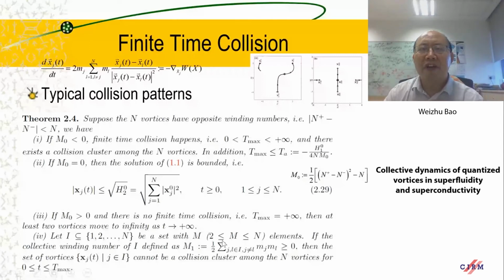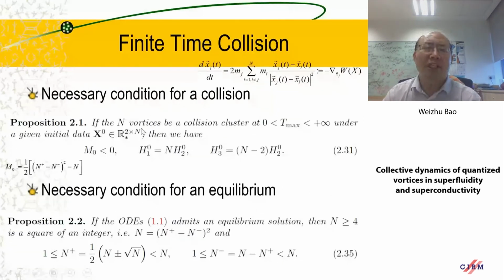That means for n vertices, if they form a collision cluster, then there has to be m0 less than 0 and h10 equal n h20 and h30 equal (n minus 2) h20. That's the 3 because of the autonomous, non-autonomous. So the first integral must follow this relation.